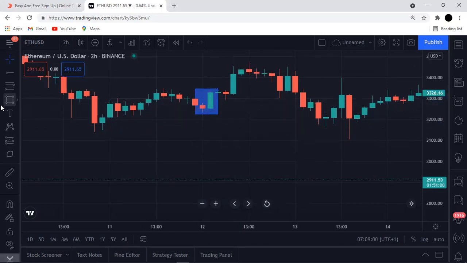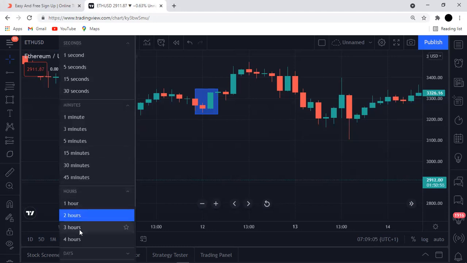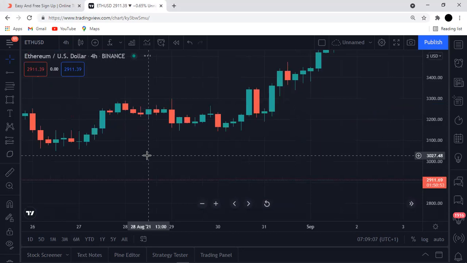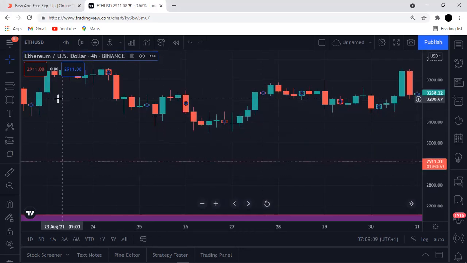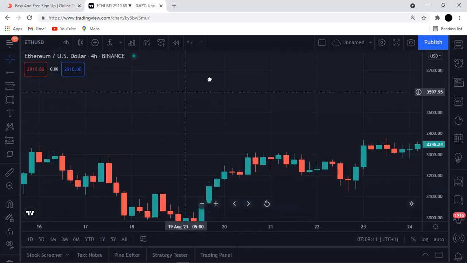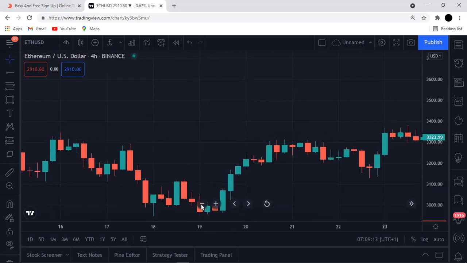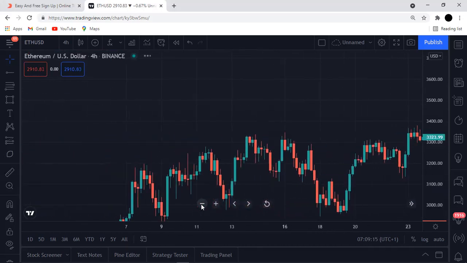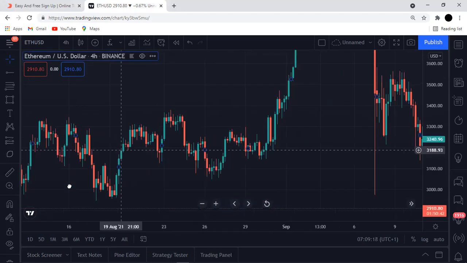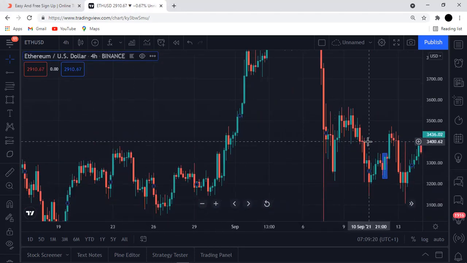So I'm watching out for just the two candles under my 4 hours. Let's zoom out.